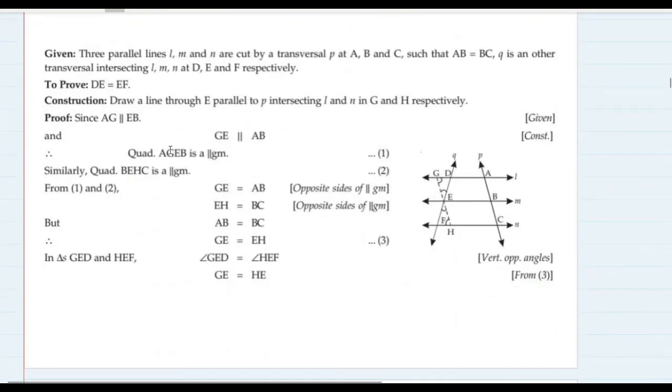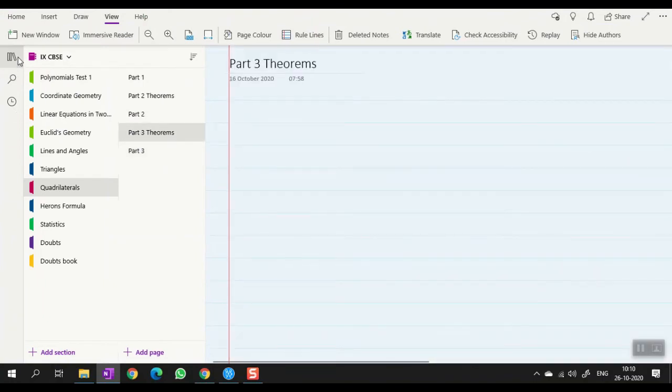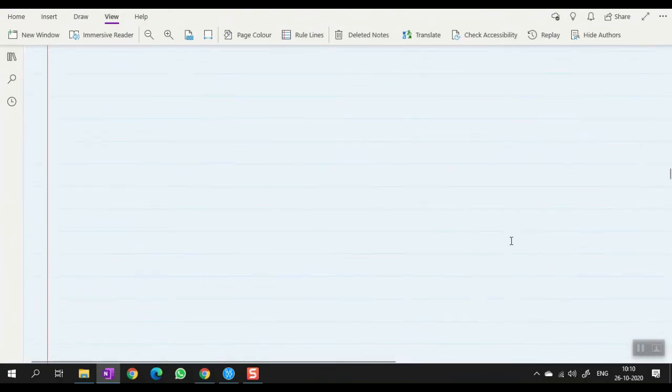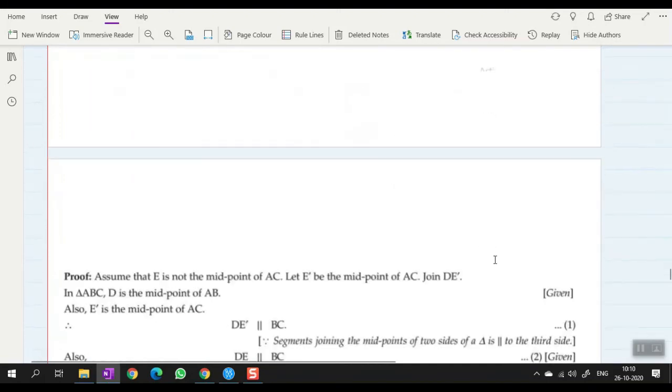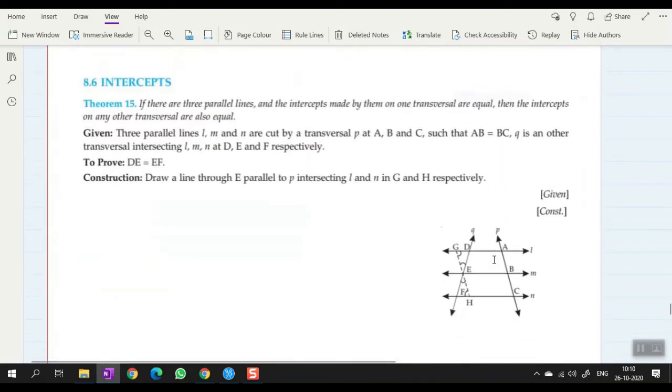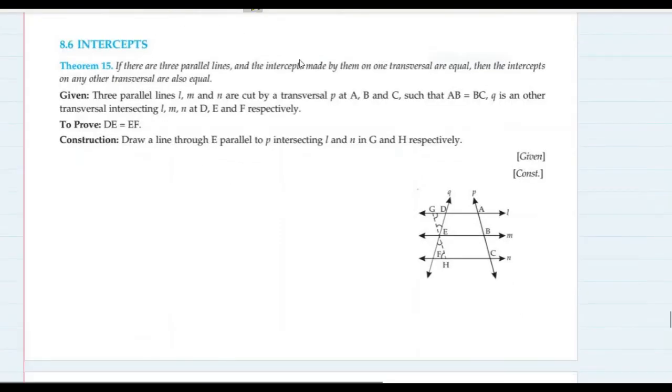So we have three parallel lines L, M and N, and they are cut by two transversals P and Q. When they are cut by transversal P at points A, B and C, the two equal intercepts being made are AB and BC.